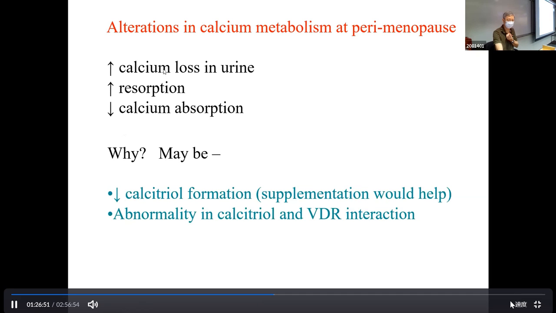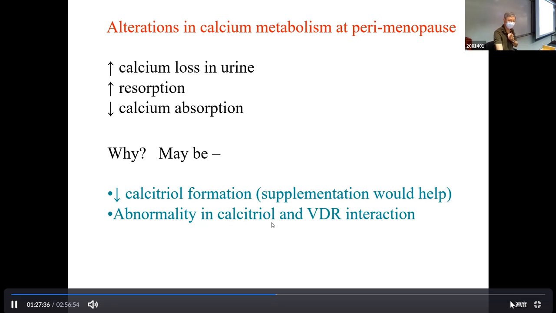Now, why you may end up in this situation may be related to calcium, which of course always ties in with vitamin D, because calcium absorption is influenced by vitamin D, and blood calcium homeostasis is also affected by vitamin D. So one reason could be a decrease in calcitriol formation. Calcitriol is the name of the active vitamin D, 1,25-hydroxy vitamin D. We will talk about vitamin D after the break.